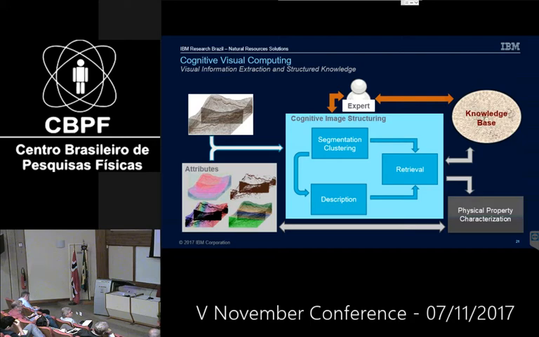This knowledge base, again, should bring information to the expert, and you close the loop. On the other side, you can use mathematical properties characterization to create new data, or a different kind of data, like inversion, and then feed that new information in again and use it all together.